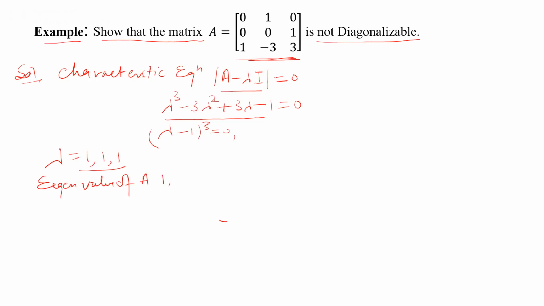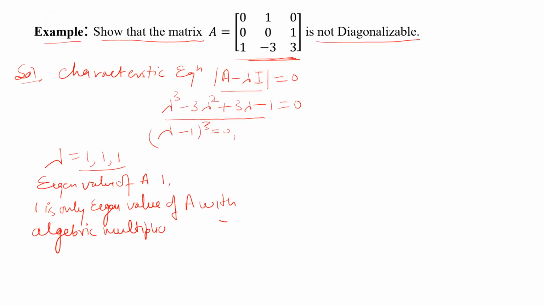So we can say 1 is the only eigenvalue of A with algebraic multiplicity of 3.